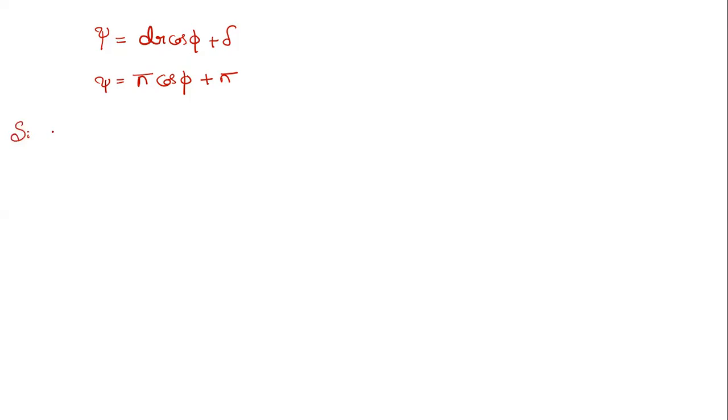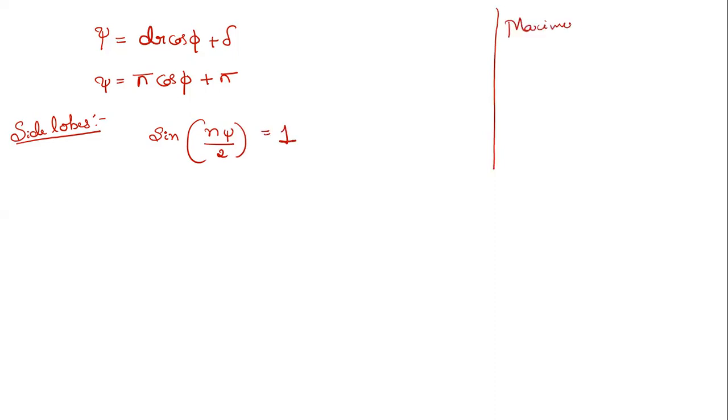The second one to obtain is the direction where I have side lobes. What is the equation? Sine of n psi by 2 is equal to 1. Let me write these expressions. To know the angle where I have the maximum, you are supposed to use this equation.